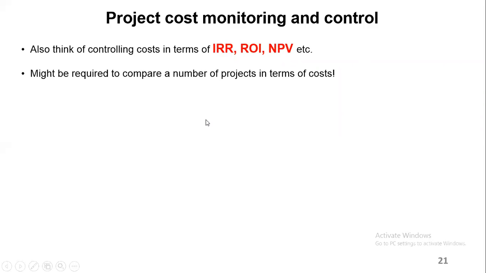Because sometimes you might have, let's say, 3 projects that you need to compare and choose, and then let's say the company can only afford to finance 1 project. So you need to identify which project the company should finance, depending on this IRR or ROIs and NPVs.